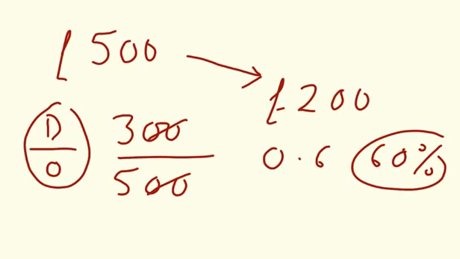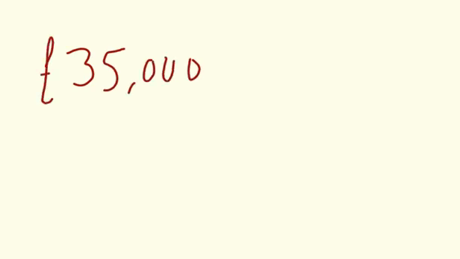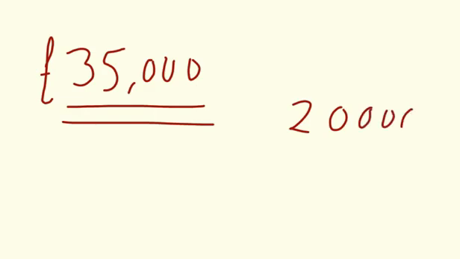Here we do a last one and we finish for the day. We have a cottage. And the cottage costs £35,000. This probably was in the 1970s. But it lost value because inflation was high, interest rates went up. So it went down to, say, 20,000. What is the percentage loss?